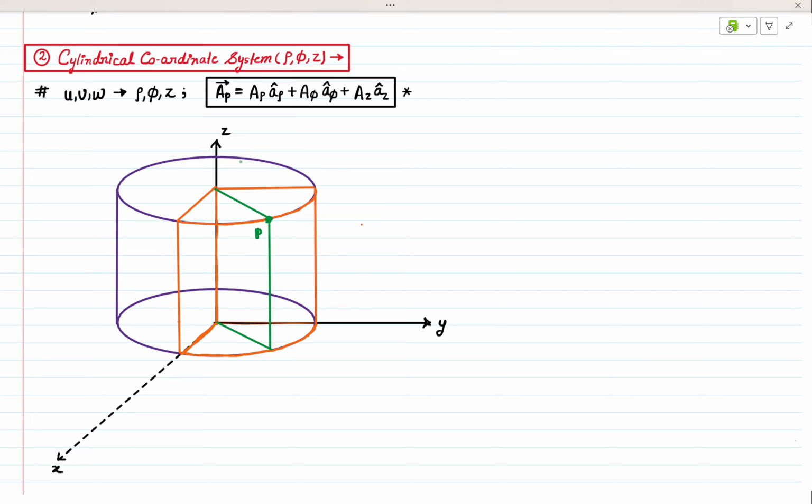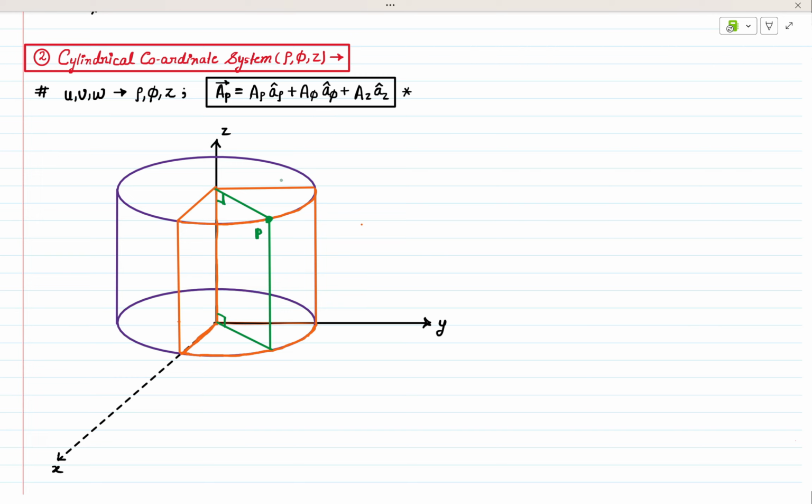So the first parameter is the perpendicular distance of the point P from the z axis.